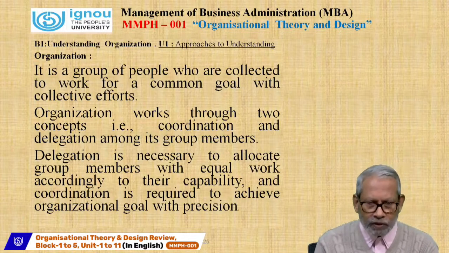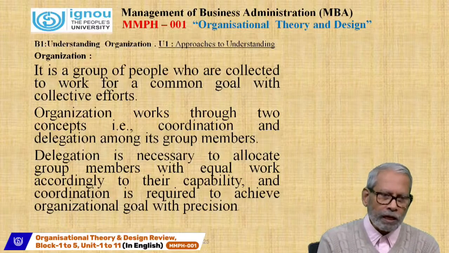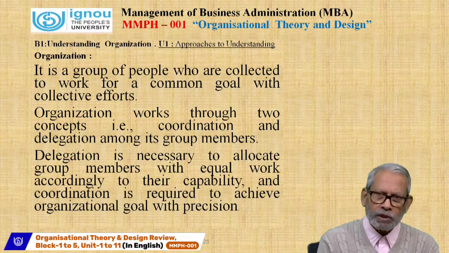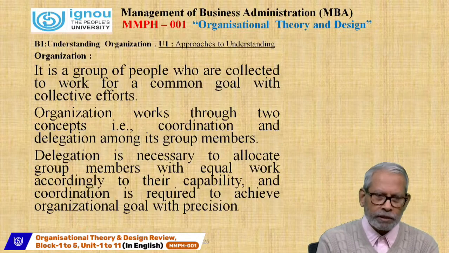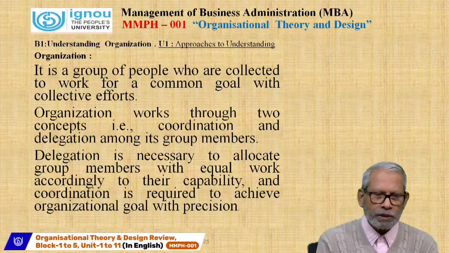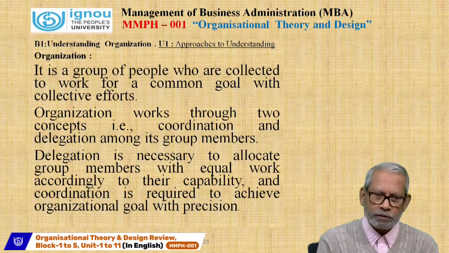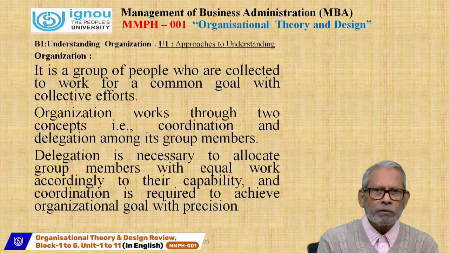Organization works through two concepts: coordination and delegation. Delegation means you have to give authority. Delegation is necessary to allocate the group members equal work according to their capability, and coordination is required to achieve the organizational goal with precision, very accurately.